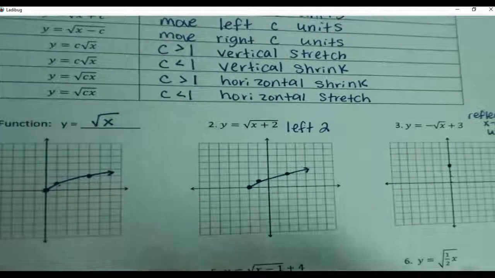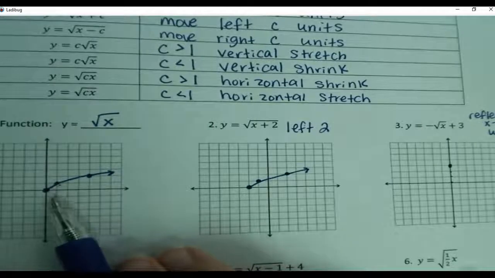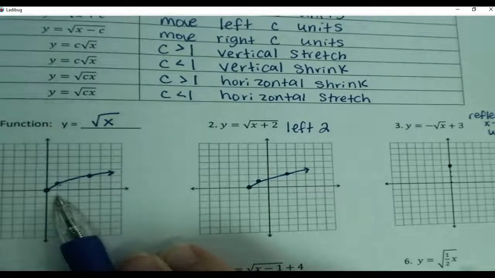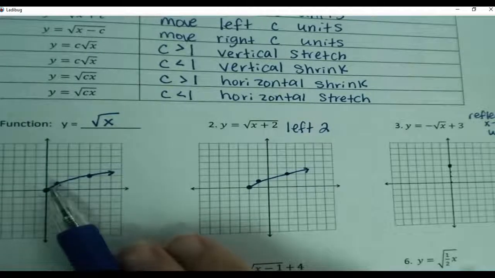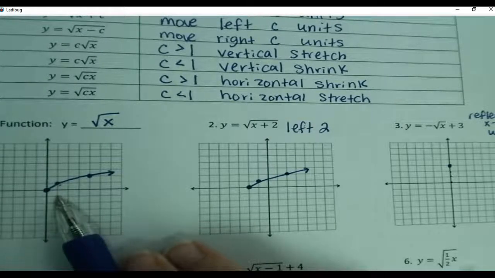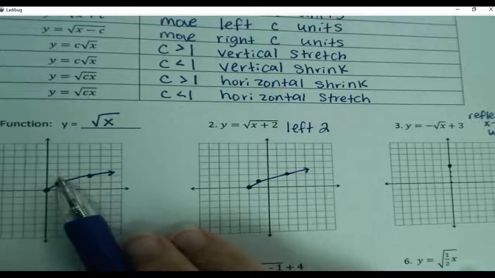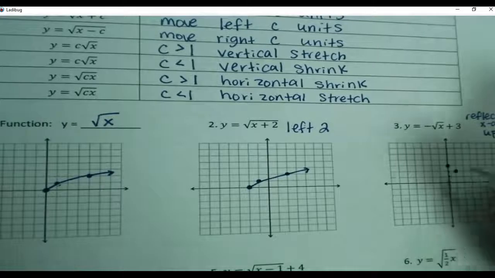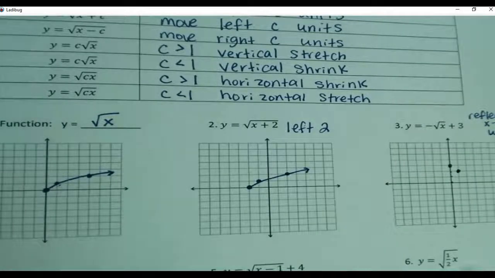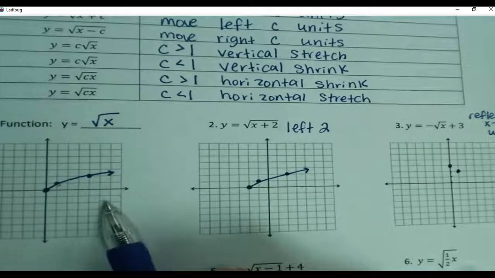But then our next point, 1, 1, if I reflected it, I would be at 1, negative 1. Okay, so same reflection from unit 1. So I reflect it over, and then I go up 1, 2, 3. So now I'm at 1, 2. Okay.